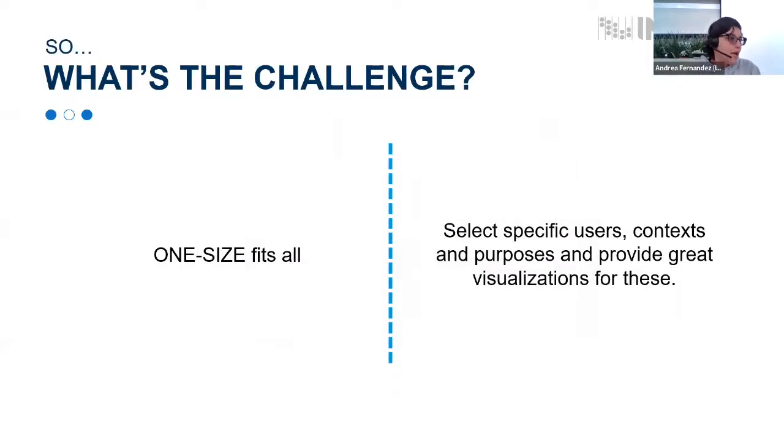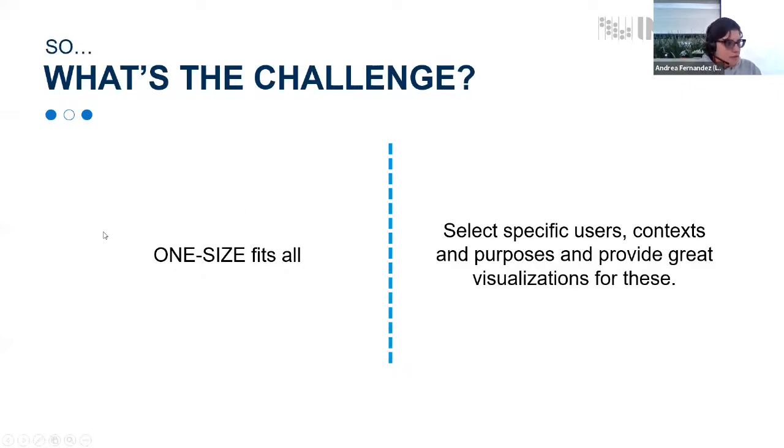I think that we have to decide whether we are going to use visualizations as a one-size-fits-all and leave most of our users somewhat satisfied, or if we're going to select specific users, contexts, and purposes and provide great visualizations for them. That is our main challenge because, for example, in INEGI, we're choosing a hybrid approach.